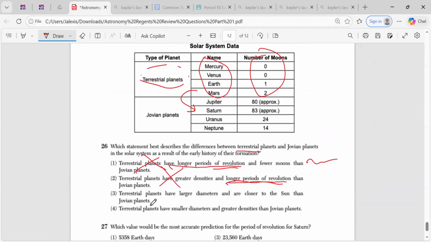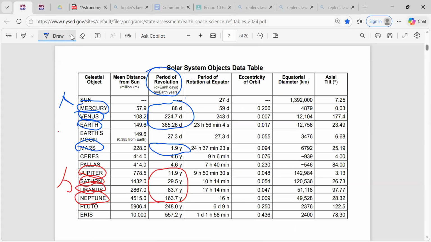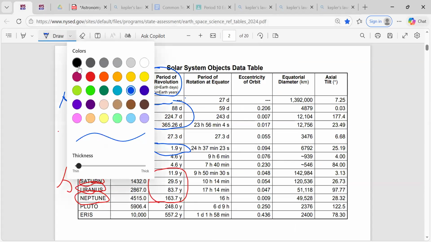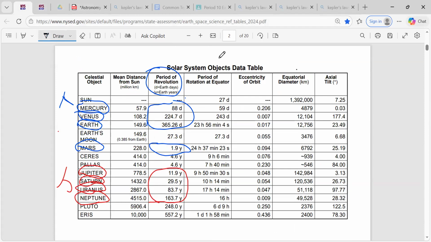Now let's take a look at three. Terrestrial planets have larger diameters and are closer to the sun than Jovian planets. Let's test that out. Do they have larger diameters? Let's take a look at equatorial diameter. Once again, I'm going to erase period of revolution and highlight the diameter in kilometers.